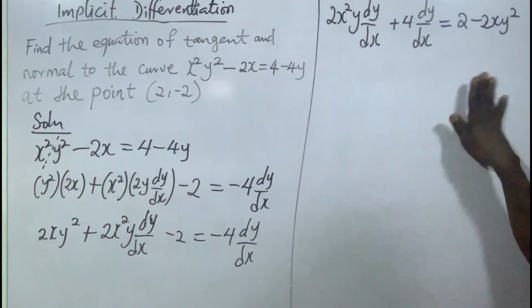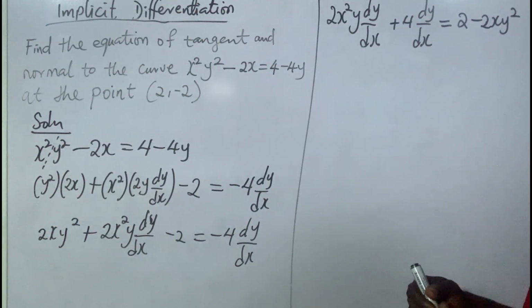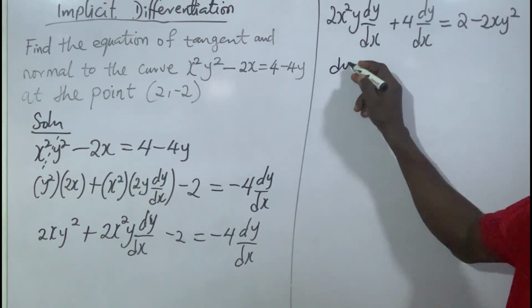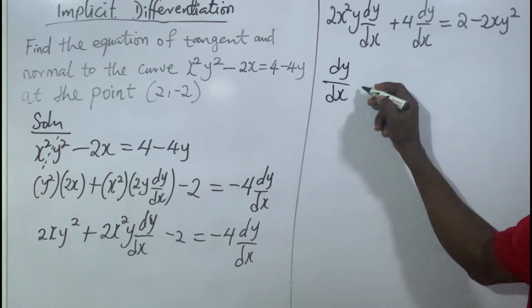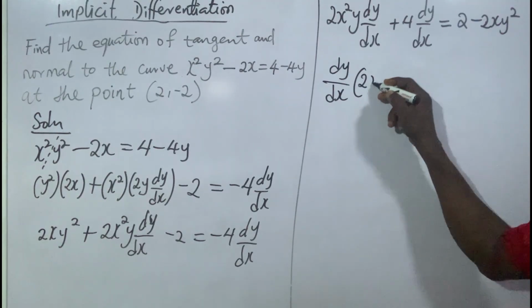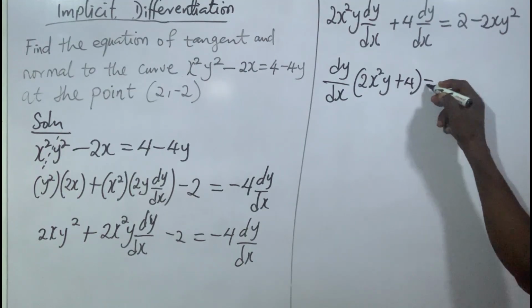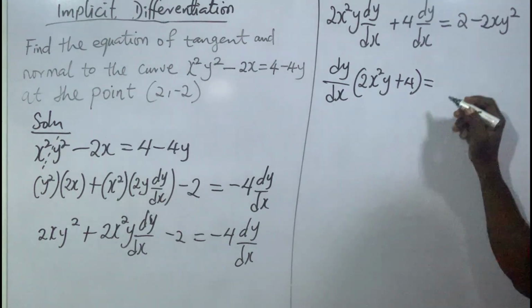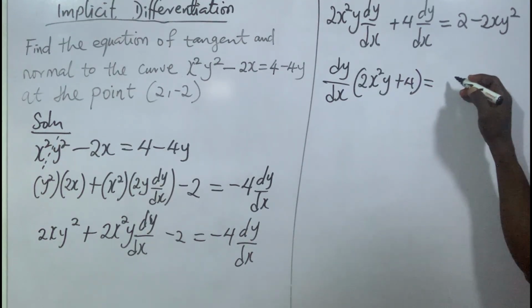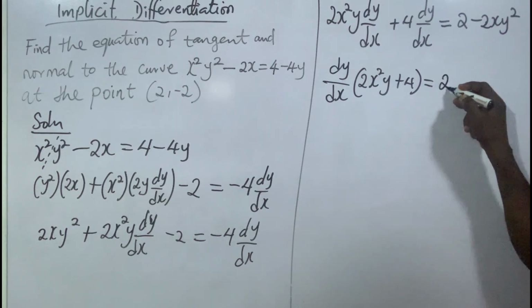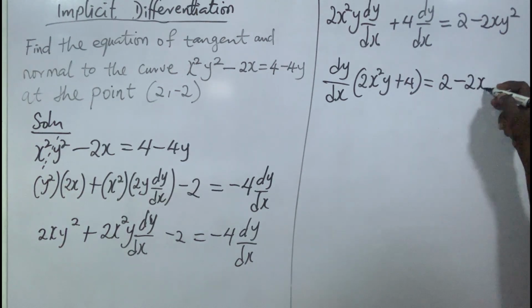So at this point, we are going to take the common factor, which is dy/dx. So dy over dx into 2x squared y plus 4 equal to 2 minus 2xy squared.